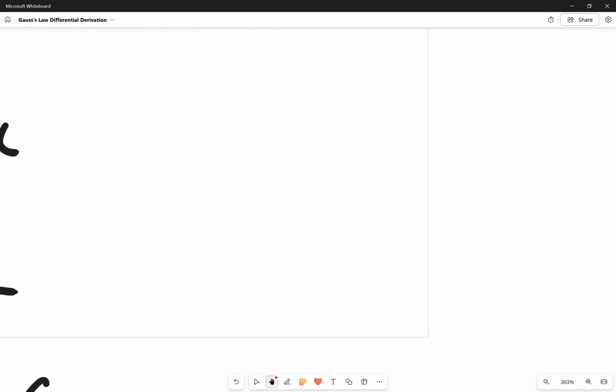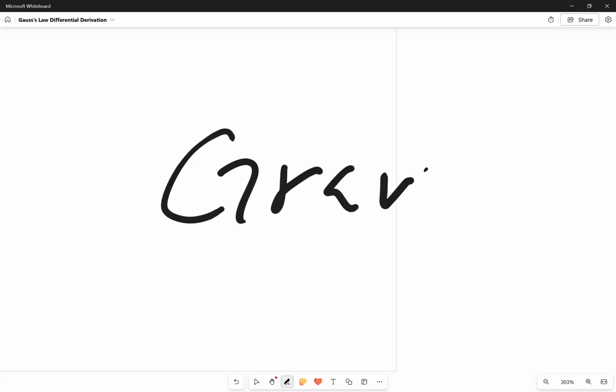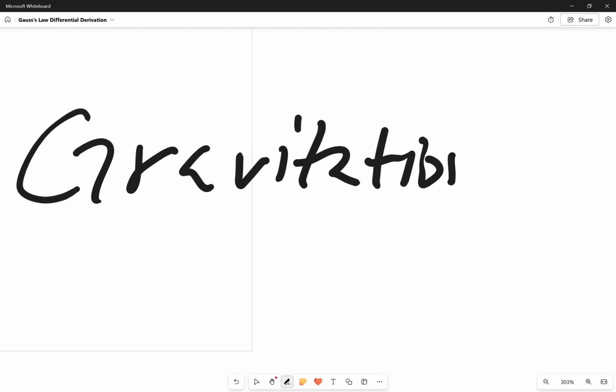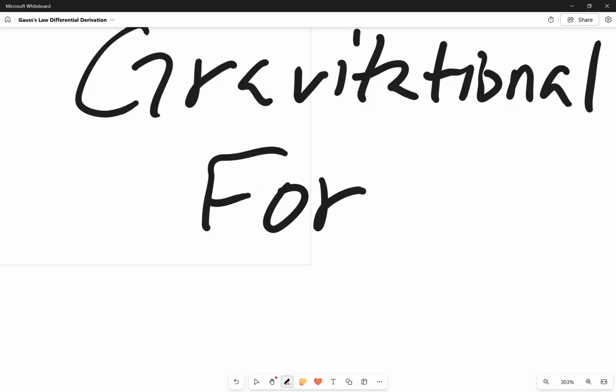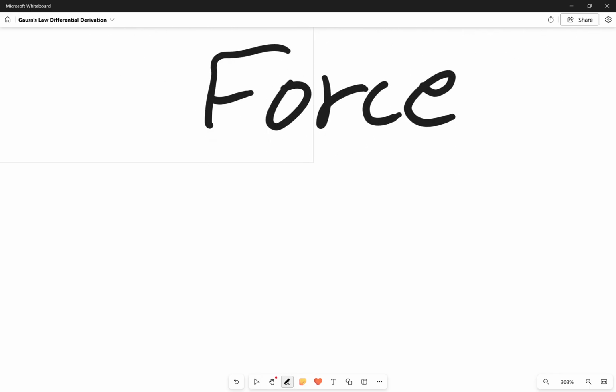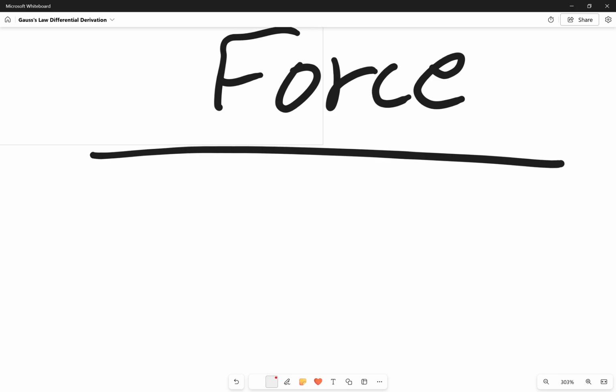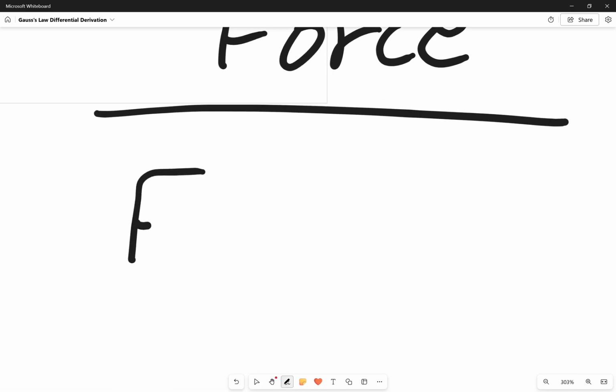Next, we have the gravitational force. And we can understand it as the force of gravity between two massive objects.